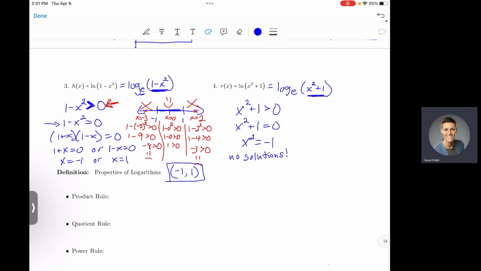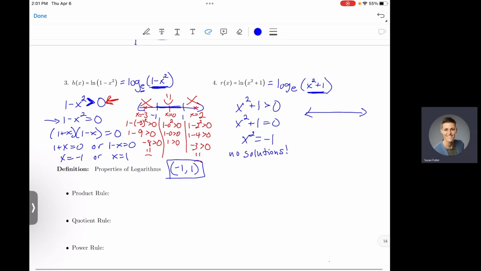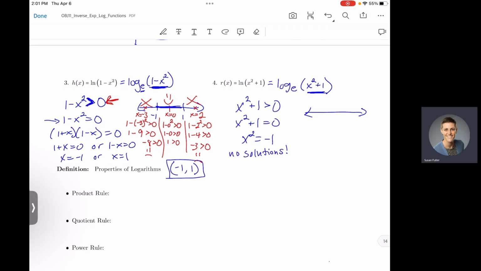So that means I don't have any solutions to put on my number line. What that means is that the whole number line is either going to work or it's not going to work. So you can pick any value that you want to on that number line, and we're going to test it to see if everything works or if nothing works.